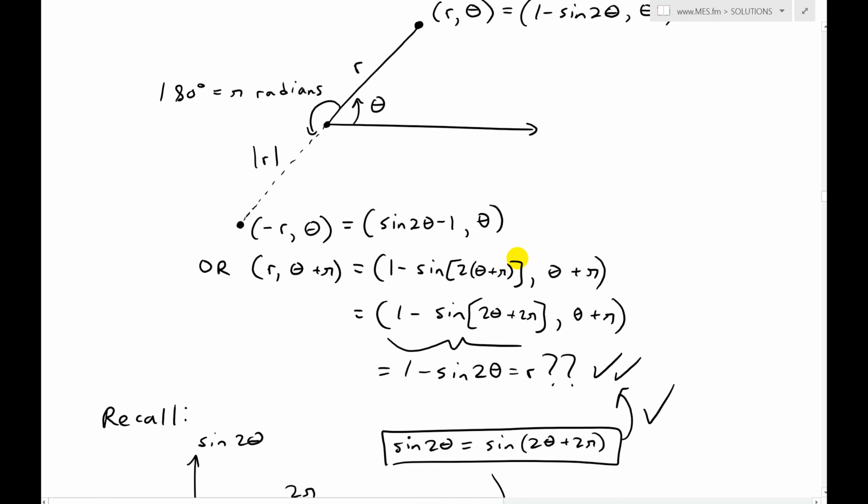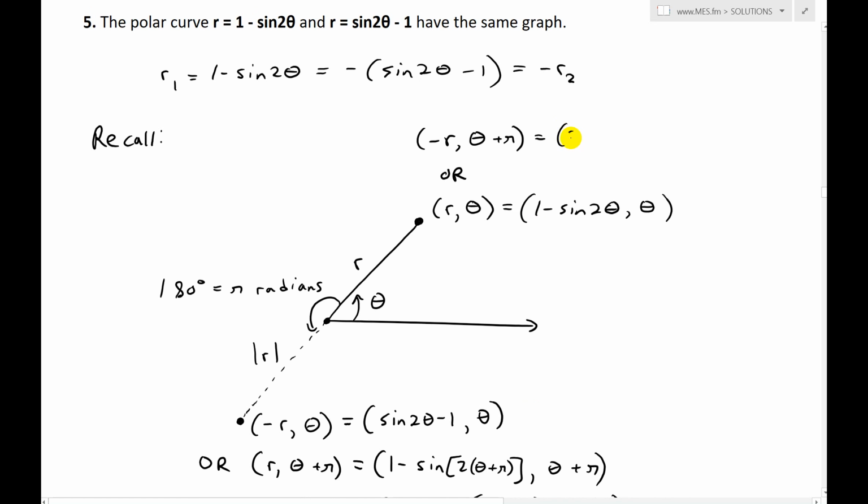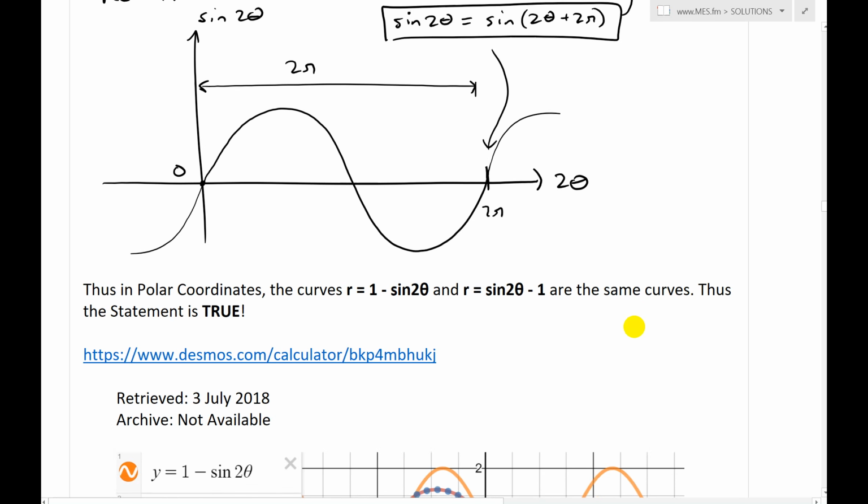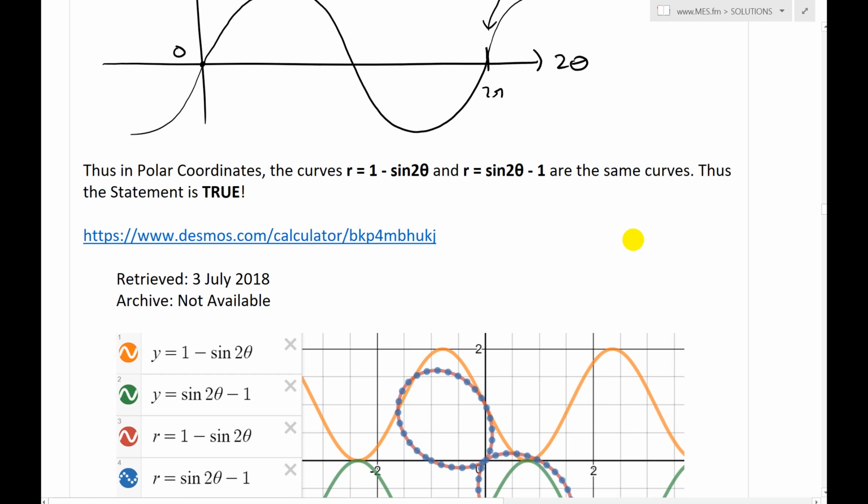The negative of this one is just going to be sine 2 theta minus 1 at theta plus pi. So it doesn't matter where you go, it's going to be exactly the same curve. Thus in polar coordinates, the curves r equals 1 minus sine 2 theta and r equals sine 2 theta minus 1, which are just negatives of each other, are the same curves, thus the statement is true.